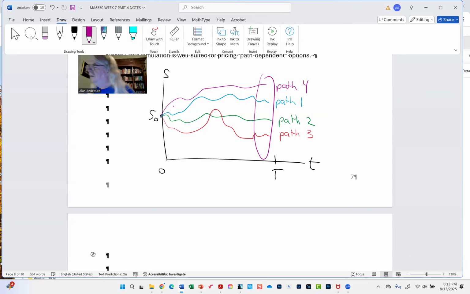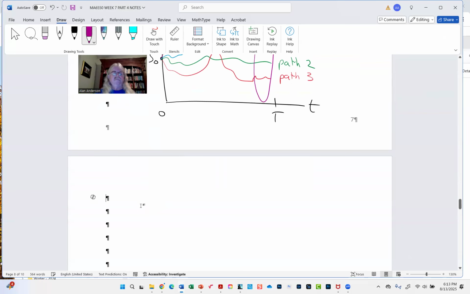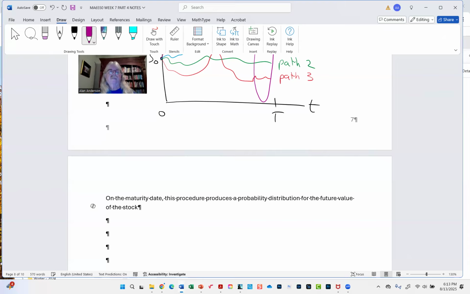When you're done, what you have on the maturity date is that this procedure produces a probability distribution for the future value of the stock. So what we're going to do is assume that each one of these paths is equally likely to occur.